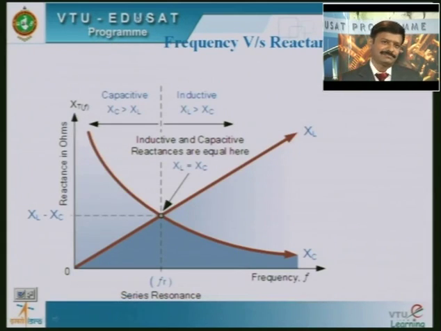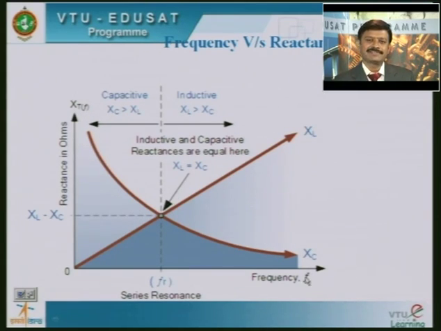See this diagram. It is a graphical representation of both reactances, XC and XL, with respect to frequency. XL versus frequency gives this straight line, and XC versus frequency gives this hyperbolic curve.